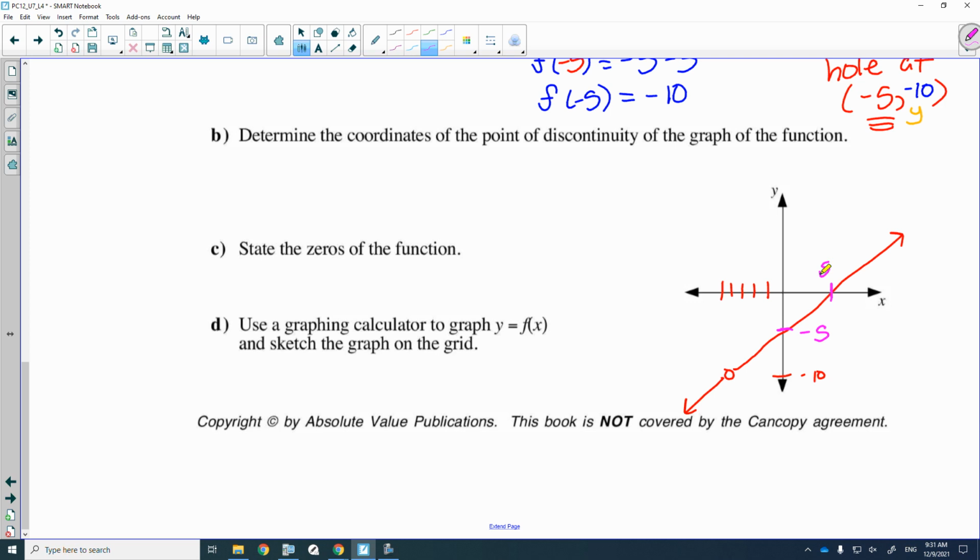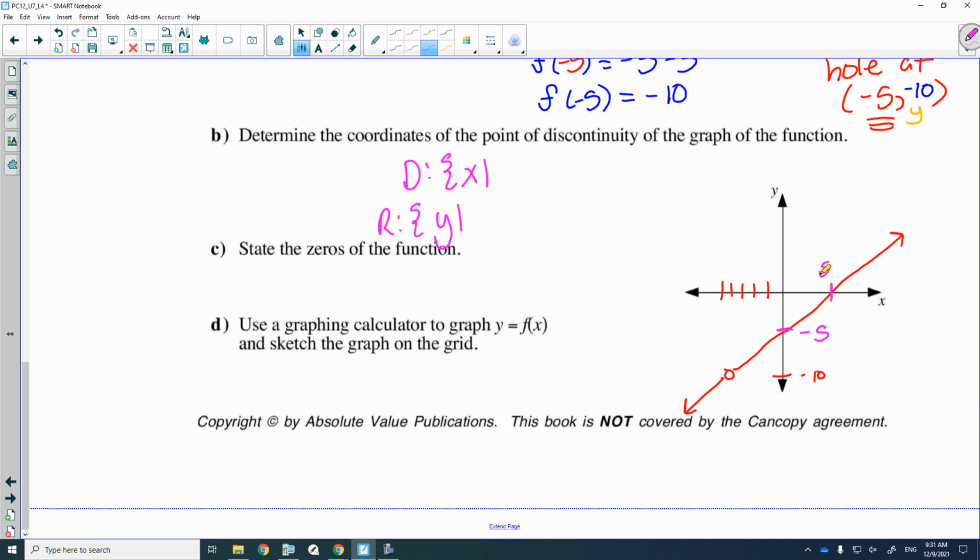Write what the domain of this function is. And then write down what the range of this function is. Jaden A, what could x not be? Yep.